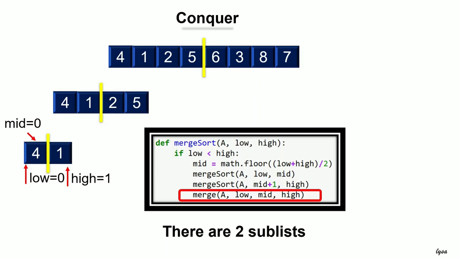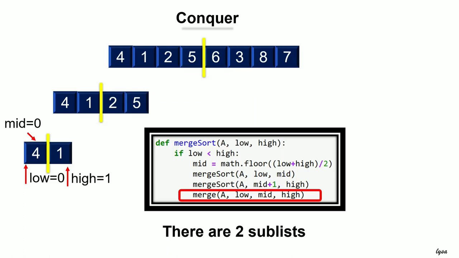One we call the left sublist and the other we call the right sublist. And the left sublist and the right sublist that go into merge are already sorted. The function of merge is to sort these two sublists and to make a bigger list of two elements.